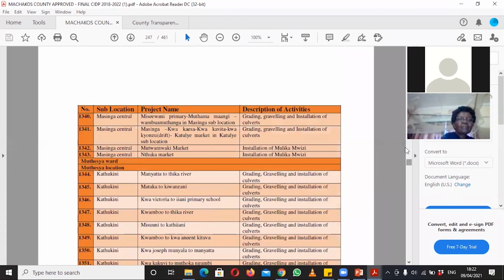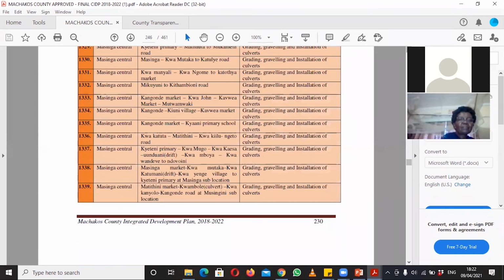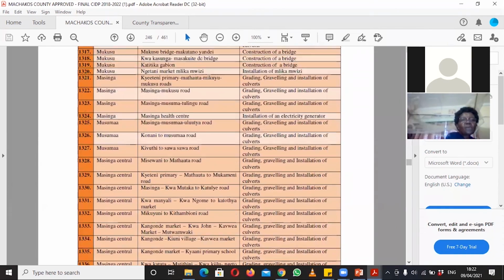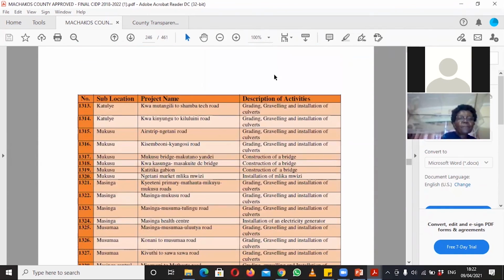And Masinga, you can see Masinga. So this is what they said that they intend to do. Masinga Mukusu Road. They want to do this and that. So you can see a breakdown.